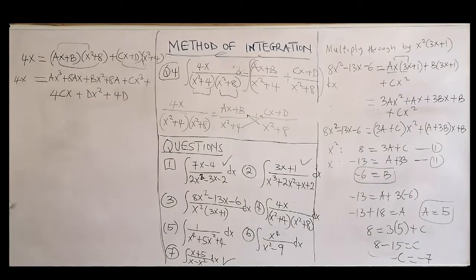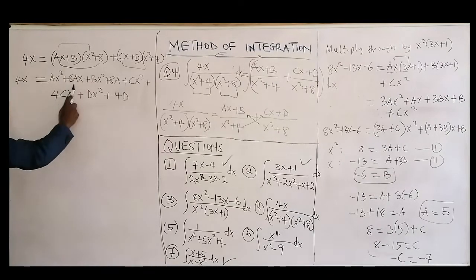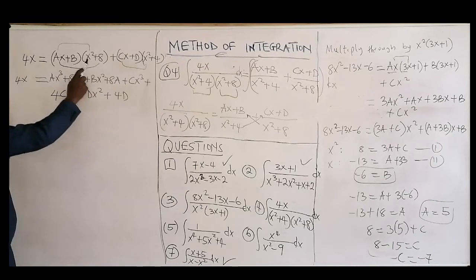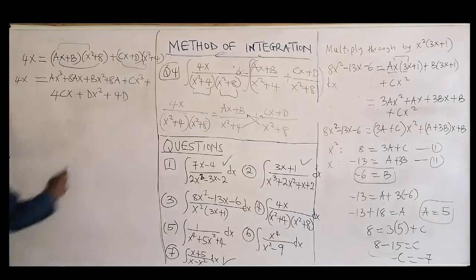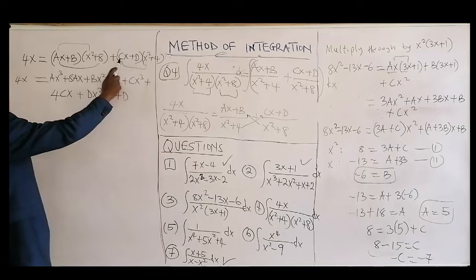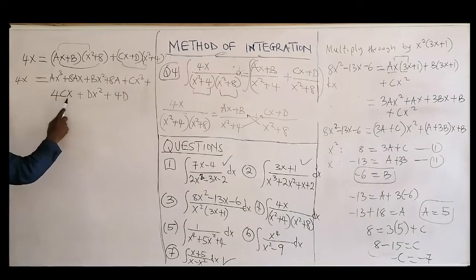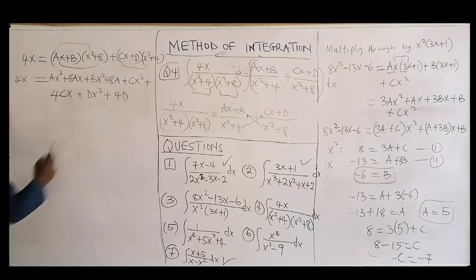So that's my expansion. Let's check it again: 8ax, bx squared, 8a, cx cubed, 4cx, dx squared and 4d.